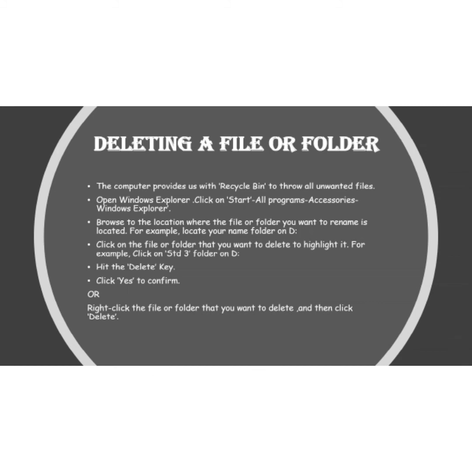Another way to delete a file or folder is right-click the file or folder that you want to delete and then click delete. Children, this is how you can delete a folder.